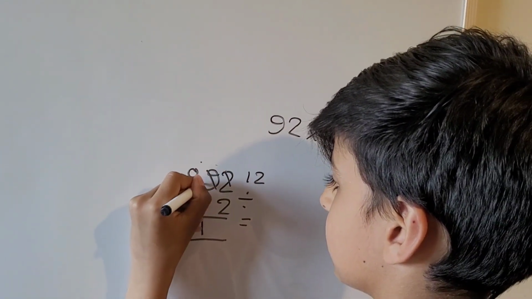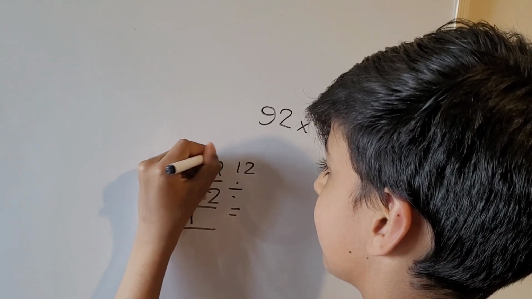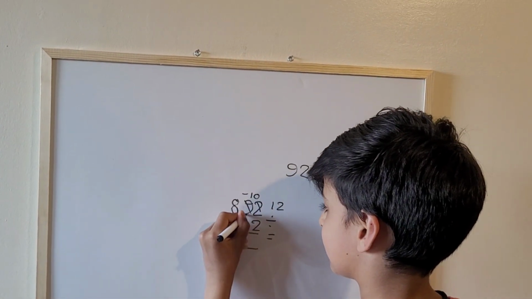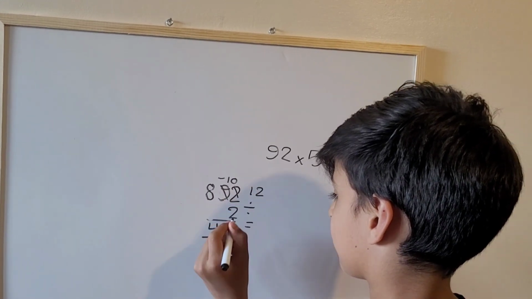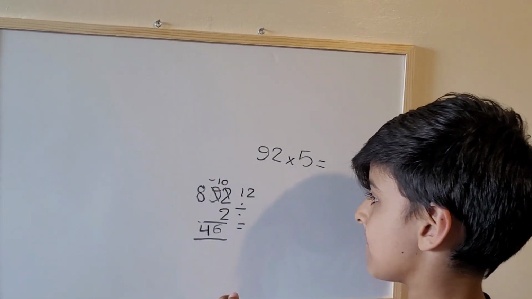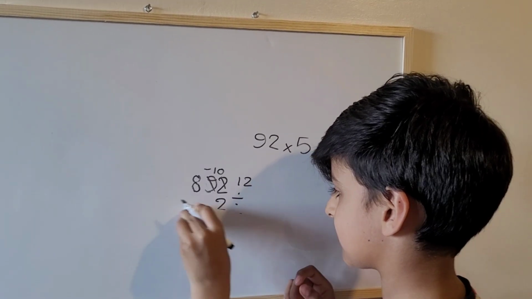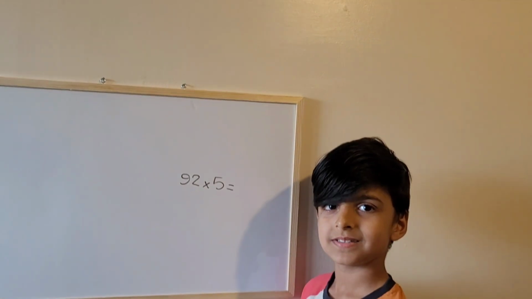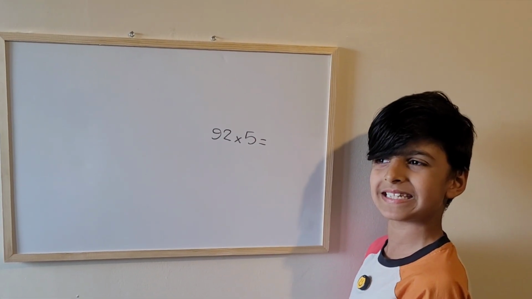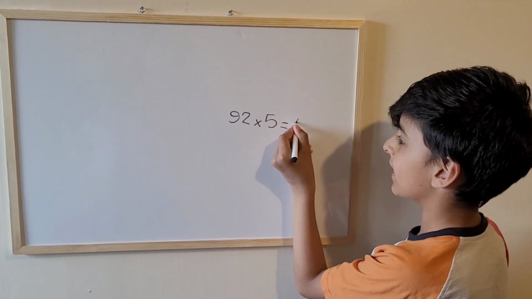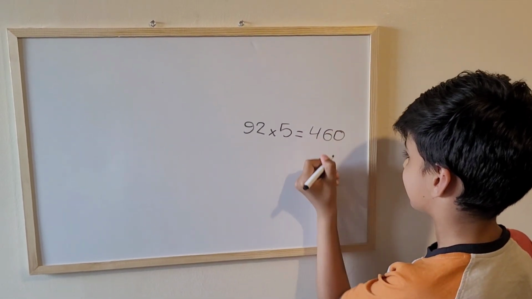So that is what you do. And then you can just divide 12 by 2, which is 6. 92 divided by 2 is now 46. So now we need to multiply 46 by 10, which is 460. So 92 times 5 is 460.